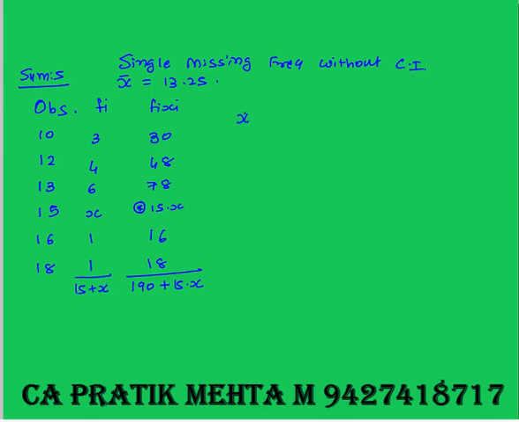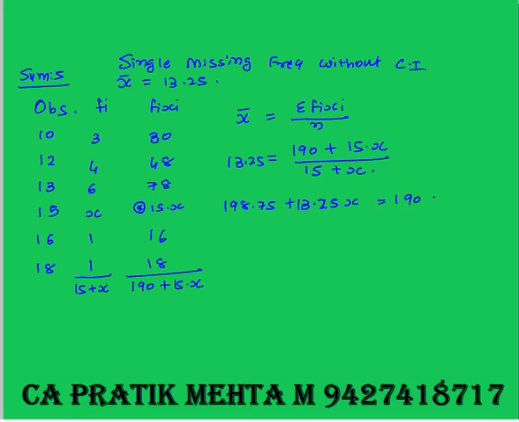So now if I put the formula, x bar is equal to sigma Fi Xi divided by n. Please verify, x bar is 13.25, sigma Fi Xi is 190 plus 15 into x, divided by 15 plus x. Now if I cross multiply, 13.25 into 15 is 198.75, plus 13.25 x is equal to 190 plus 15 into x.